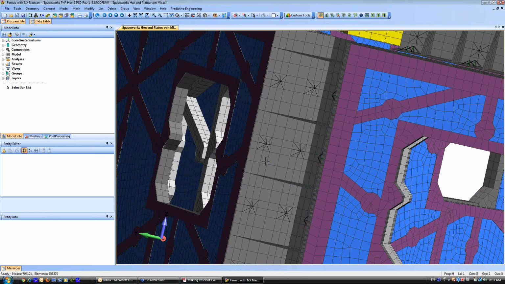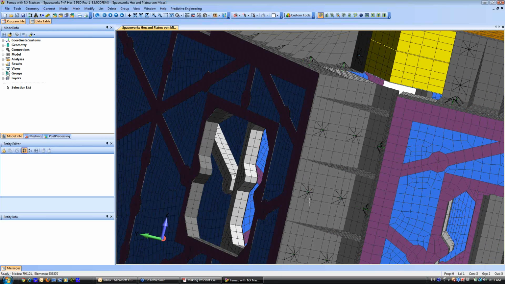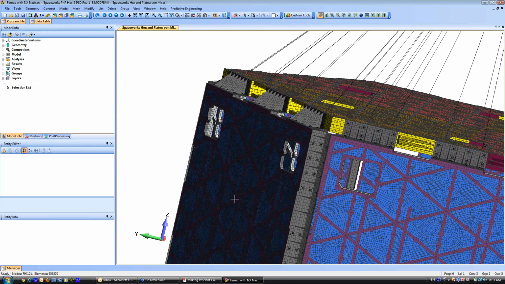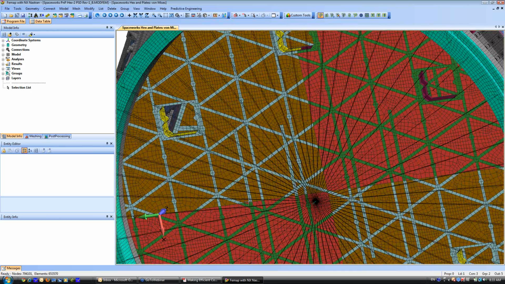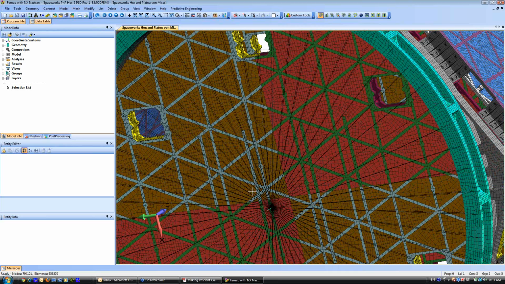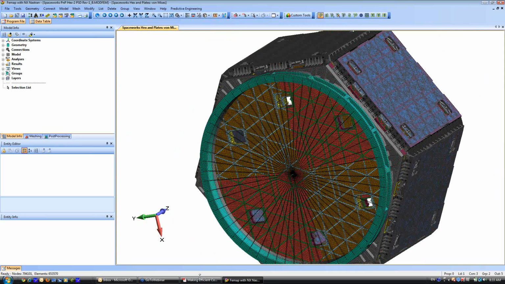For the bolted connections, we're using an RBE2 again to spread out the bolt load into the plate elements and through a beam connection. And at the very bottom, we're transferring the PSD load at a single point to another RBE2 into the frame.